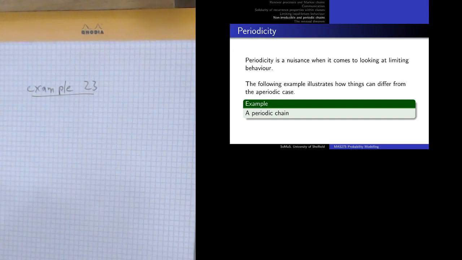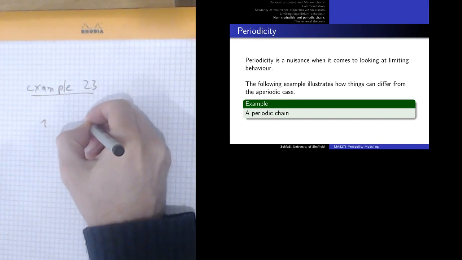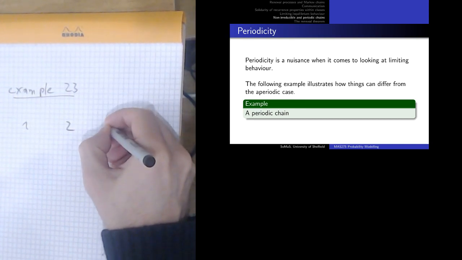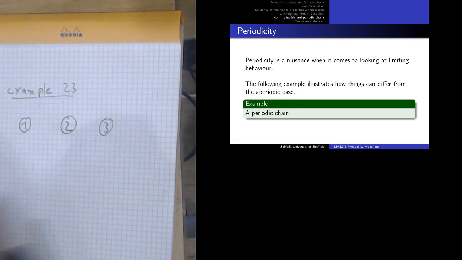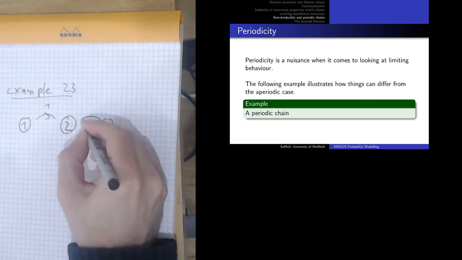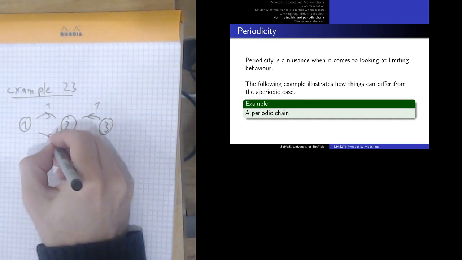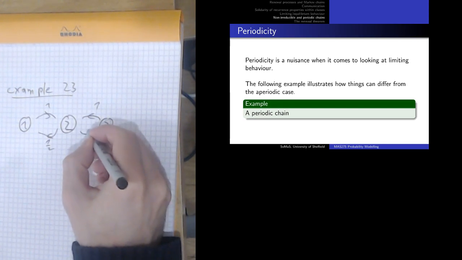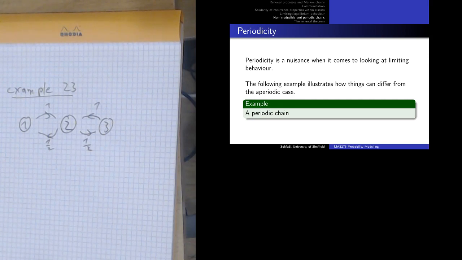We're not even going to write the matrix this time. This example has a Markov chain with 3 states, 1, 2, and 3. And so 1 and 3 always go towards 2 with probability 1, and then 2 will go to either 1 or 3 with probability 1/2.